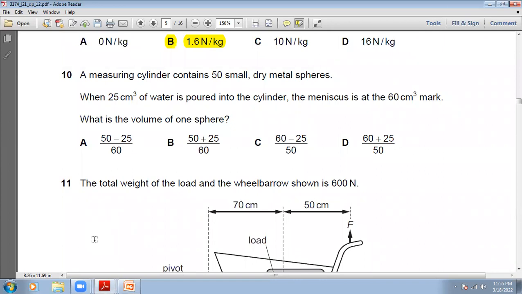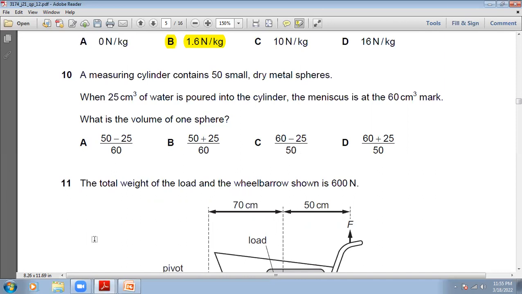Question number 10 is coming up on your screen. A measuring cylinder contains 50 small dry metal spheres. When 25 centimeter cube of water is poured into the cylinder, the meniscus is at the 60 centimeter cube mark. What is the volume of one sphere?